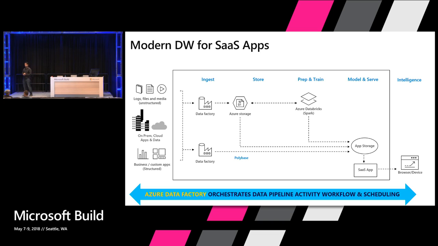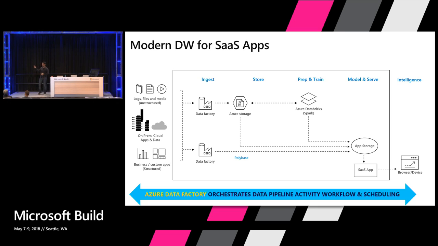So basically data of various forms and shapes, and again, loading into storage, cooking the data, prepping the data, transforming the data, and loading your app storage. So instead of the data warehouse, it is loading the app storage, which is the backend for your SaaS apps, and the customers are rendering those SaaS apps in a browser or on a mobile device using iOS apps or whatever.